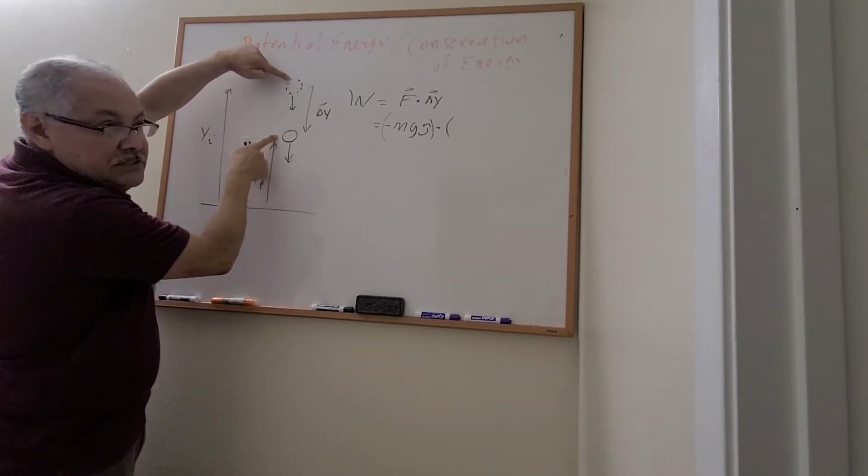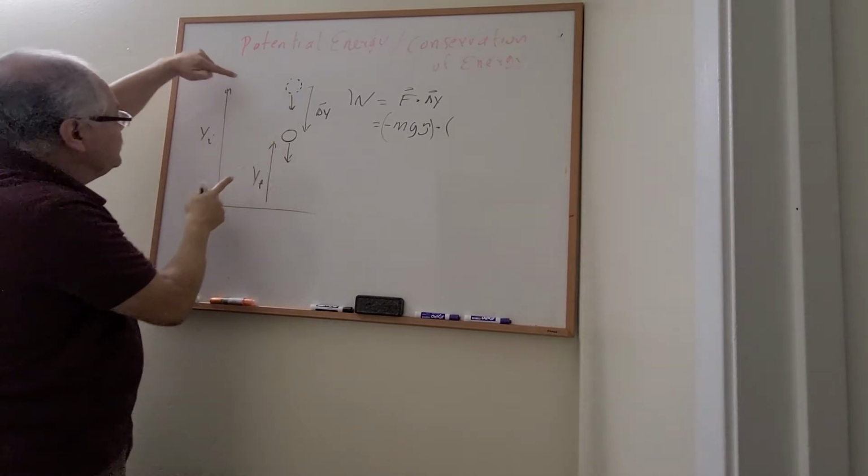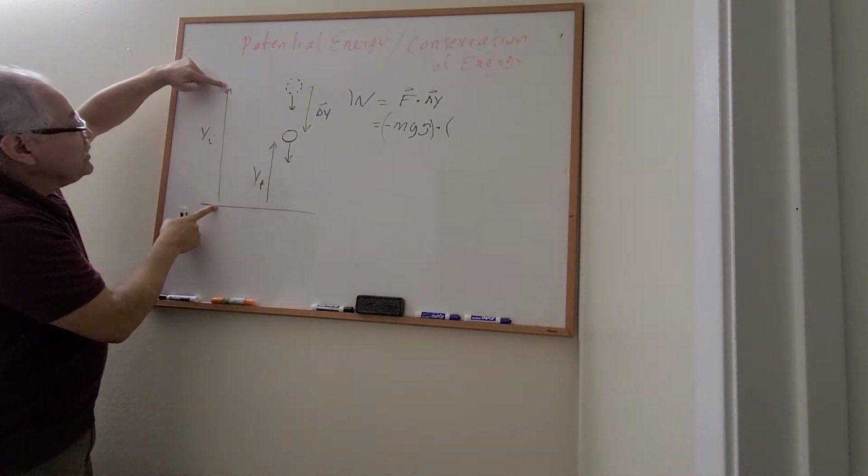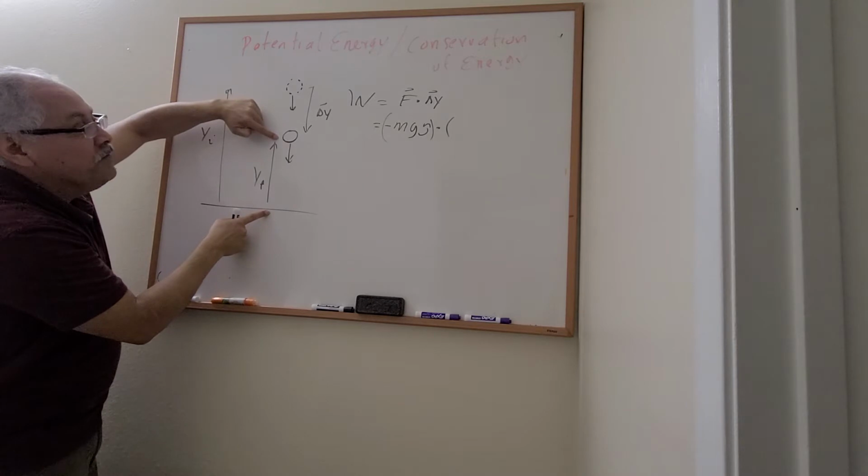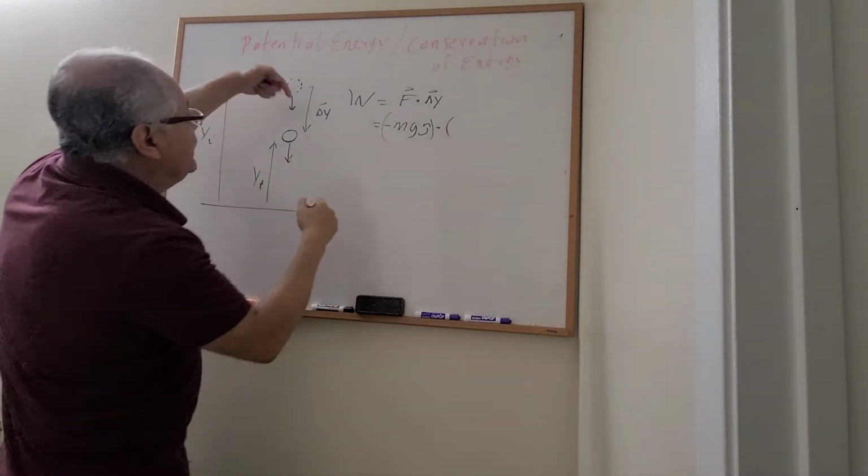The magnitude is this distance, which is initial position minus final position. It's a vector.